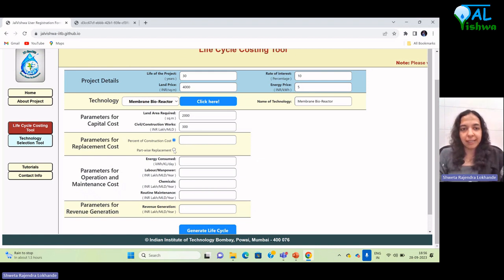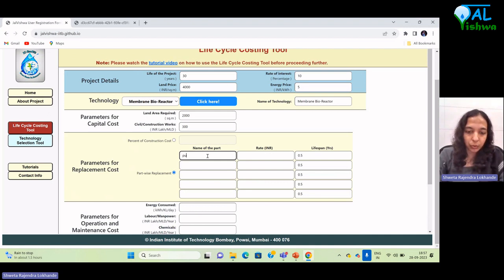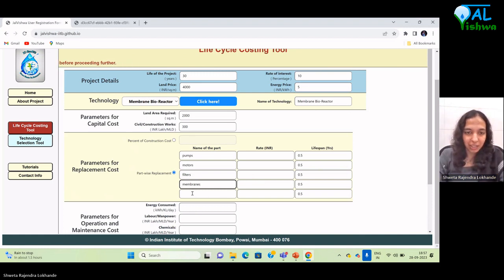However, if you have detailed data that for a given technology, different parts are replaced after different time intervals, then you may opt for part-wise replacement when you are computing this cost. So let's say I have pumps, motors, filters, membranes, and some other tanks which need replacement.